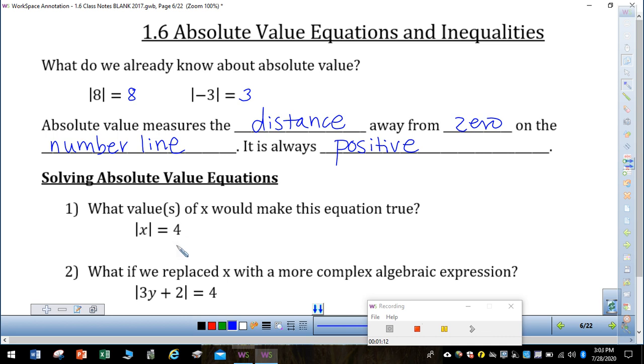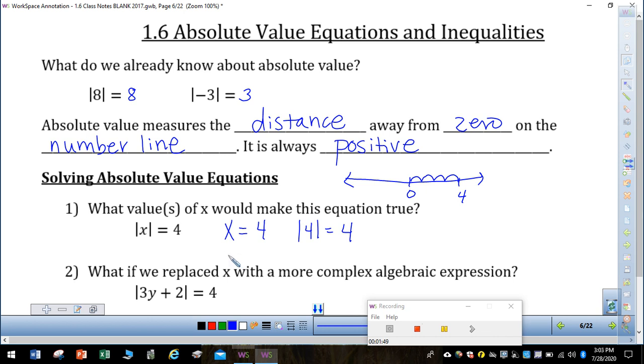Anytime we're solving an equation, we're trying to find what is the value of x that makes the equation true. So in this case, one possible answer could be 4, because the absolute value of 4 is 4. On the number line, 4 is 4 spaces away from 0. 1, 2, 3, 4.